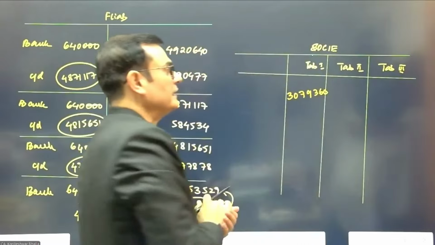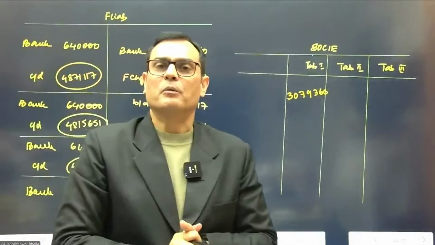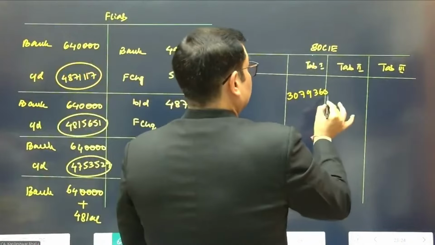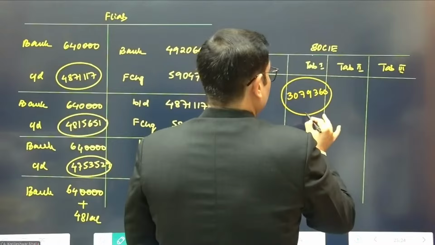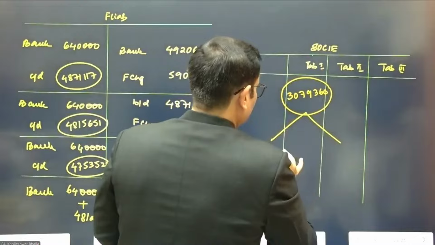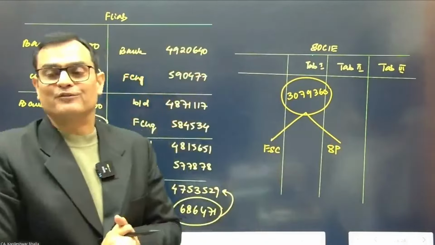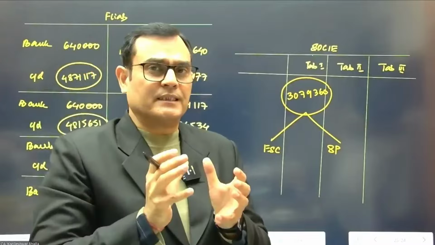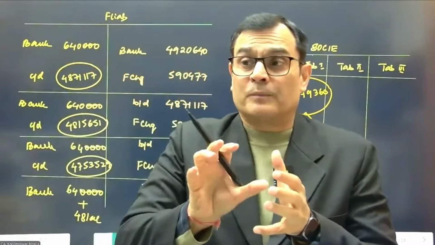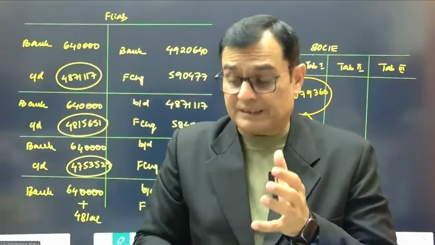That was the equity component recorded in tab number 1. So this money is now going to be split between the allotment of equity share capital and the securities premium at the end of third year. Because this is the money through which the allotment of 50% shares will take place.